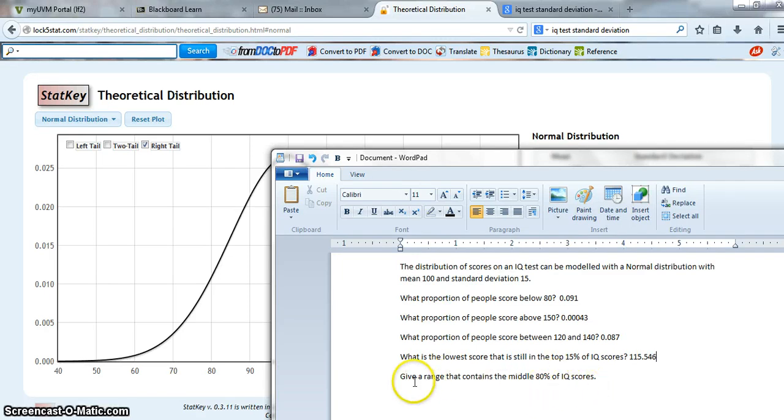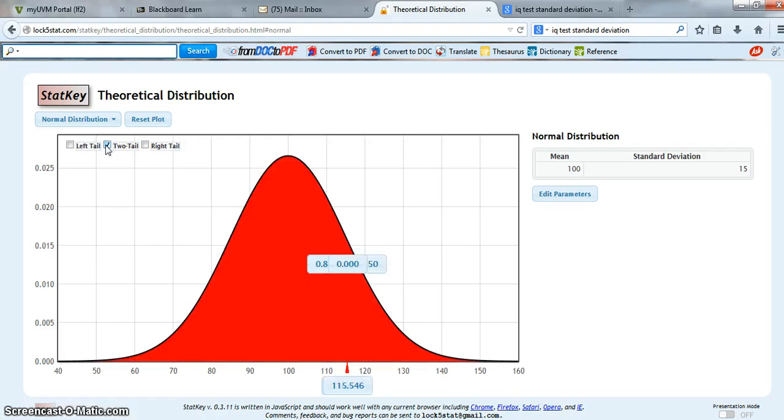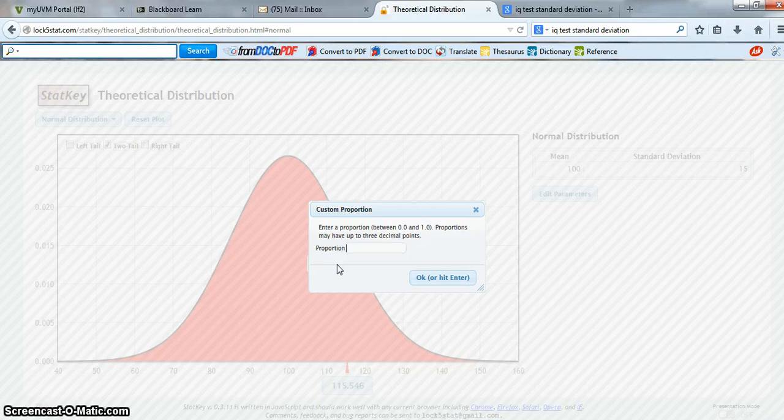Next, I want to find a range that contains the middle 80% of IQ scores. To get the middle percentage, we're going to work with the two tail. So I'm going to click off my right tail and turn on my two tail. It looks kind of crazy when it first comes in, the whole thing's shaded. But what we want is to figure out the cutoffs that are going to give us a certain area in the middle. So I'm going to put in the area that I want, 0.80.